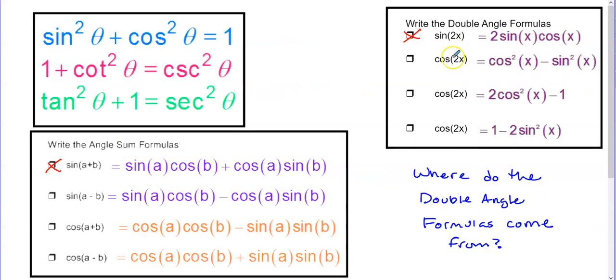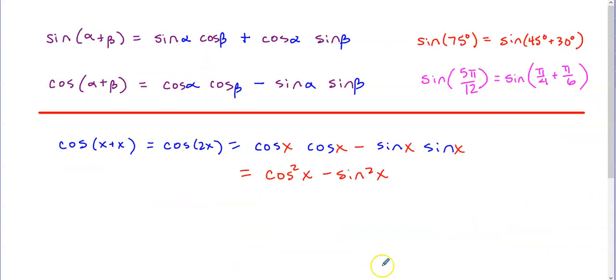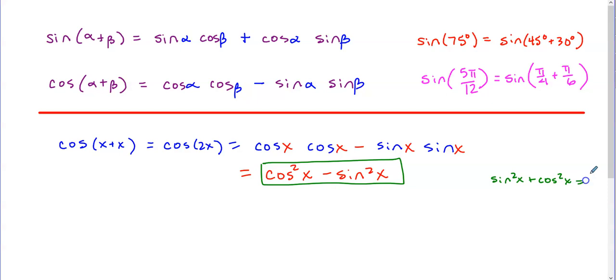Going back up to here, I just got this identity. Now this fact right here is going to come into play to get the other two. Here's what I need to know. I have this identity here, and I know that sine squared x plus cosine squared x equals 1.